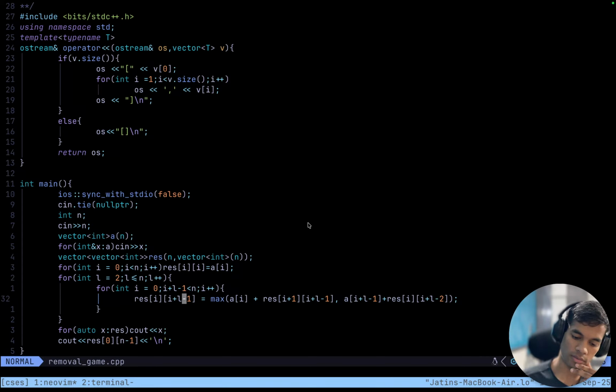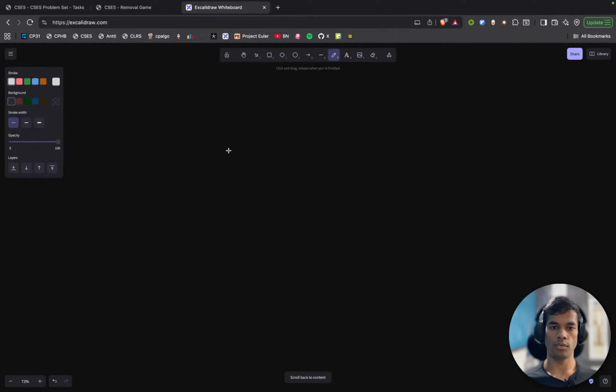When I am here, current number plus, when the range is 2, say 1 and 4, I have only these two numbers.